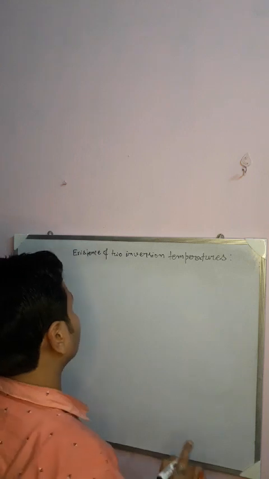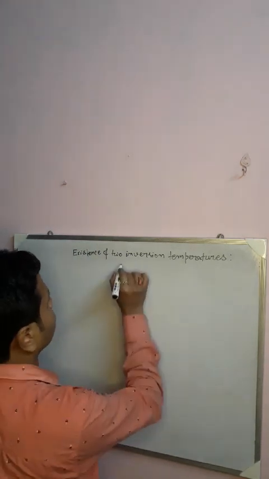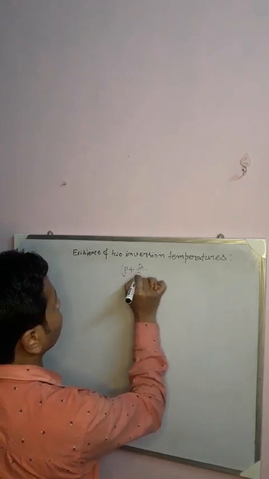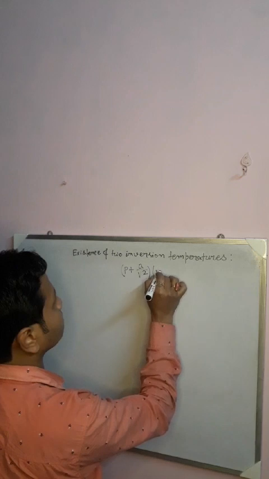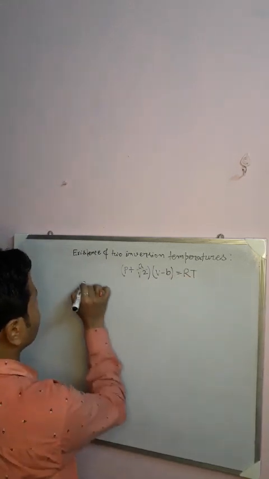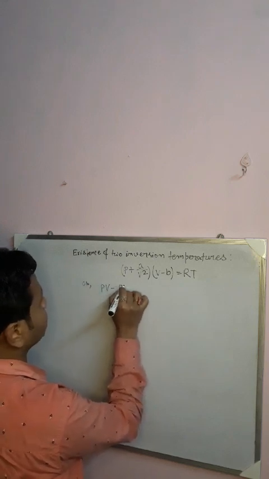Now here we take the real gas equation. For 1 mole of real gas we can easily write the van der Waals equation of state, and simply multiplying out, we get this.